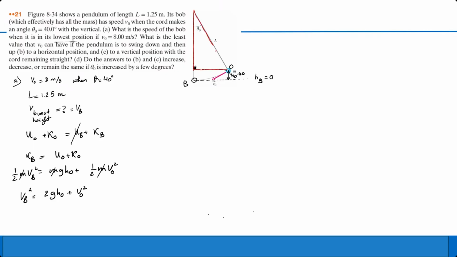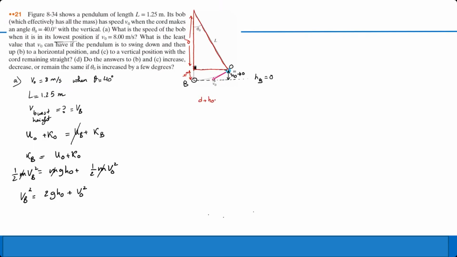In this triangle, I will solve for this length, which I will name D. And this quantity here is the same as here, which is HO. And the sum of D and HO is the pendulum itself.